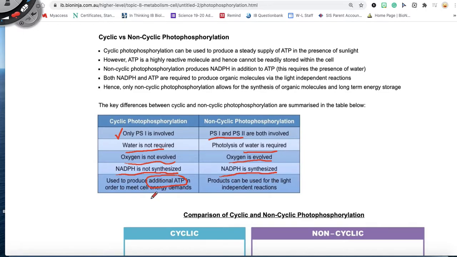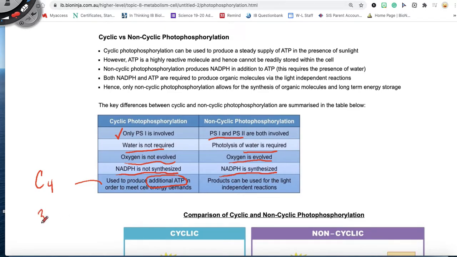So let's talk a little bit about this additional ATP requirement. Usually in plants known as C4 plants, and these are plants that are found in tropical, elevated regions where there's really high daytime temperatures and droughts.